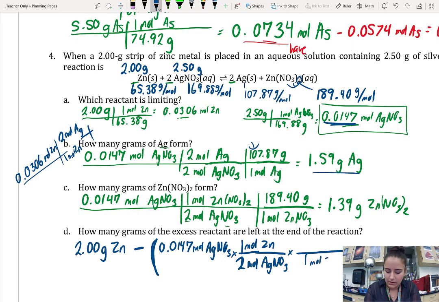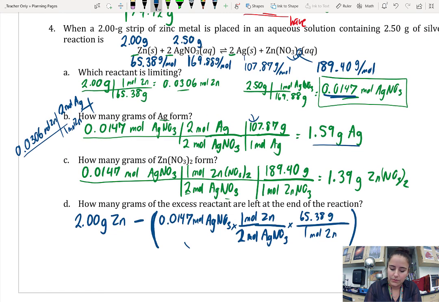So 1 mole of zinc has a mass of 65.38 grams. I'm dividing it by 2 to know that I need 0.00735 moles of zinc. I could just subtract that from the 0.0306 up here and solve it out that way.